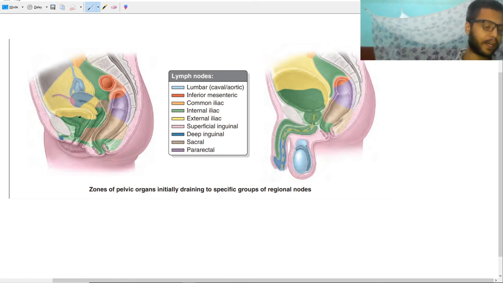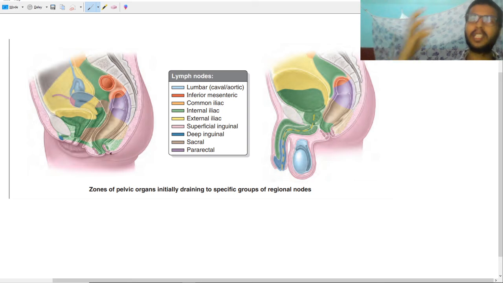And skin of perineum including vulva, okay. And ostium of vagina inferior to hymen, and prepuce of clitoris, okay. Here it is not shown clearly, okay. So you can remember those things.